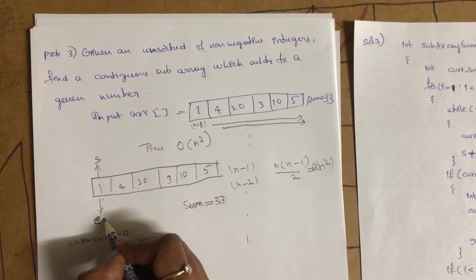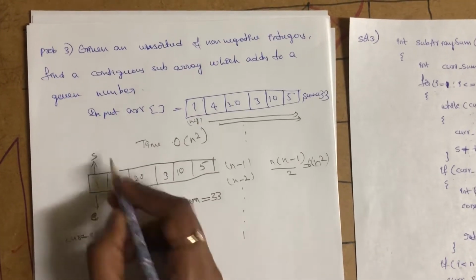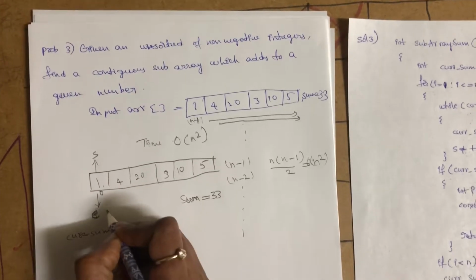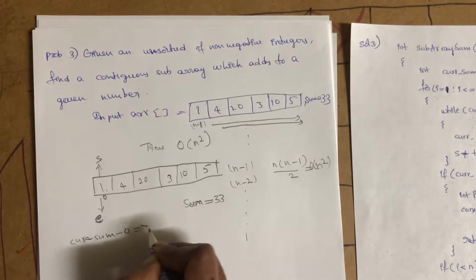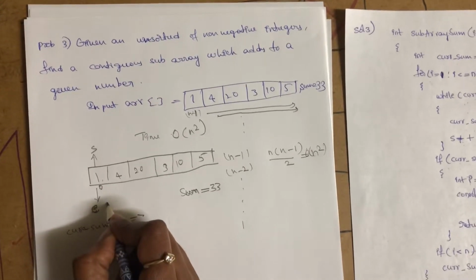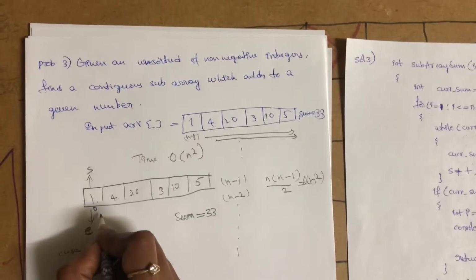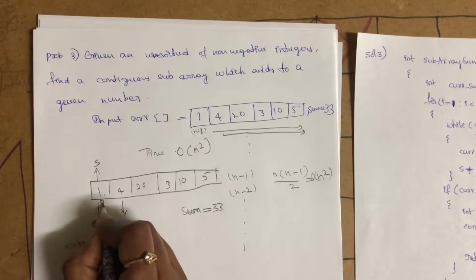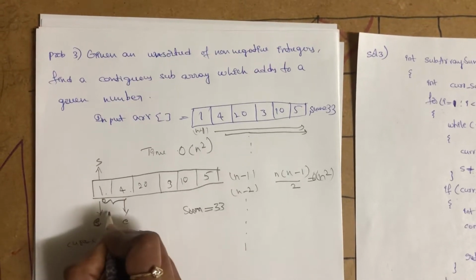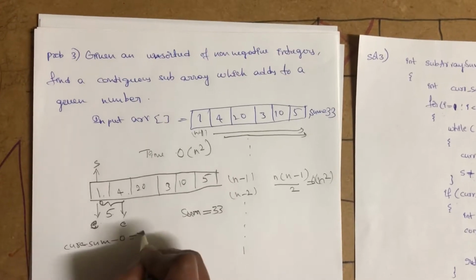First I check the array at the end pointer, which is 1. Is 0 plus 1 equal to the given sum? No, it is not, and it is less than the sum. So I move the end pointer to the next element and add these two elements, which is 5, and assign it to the current sum.